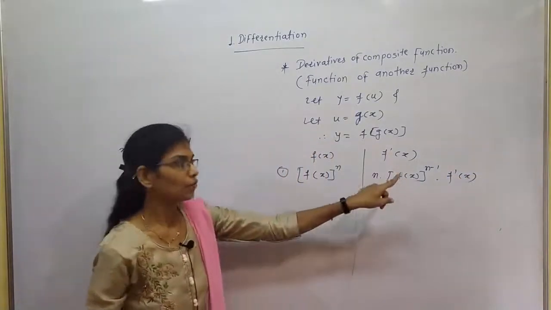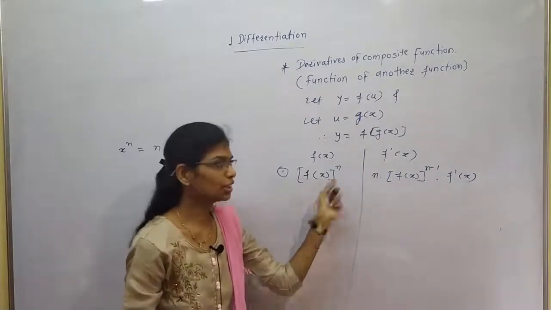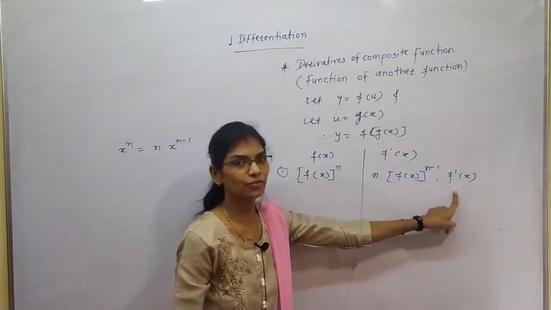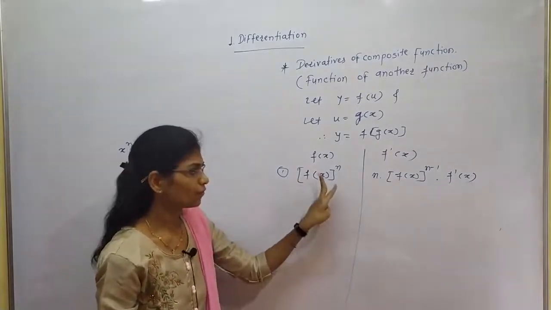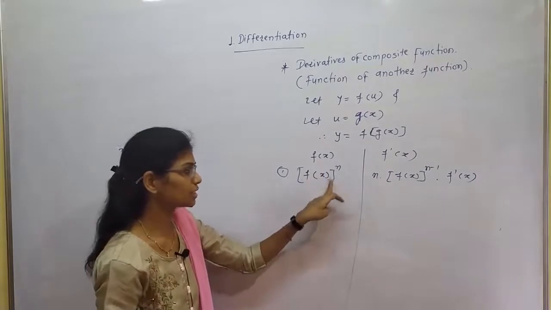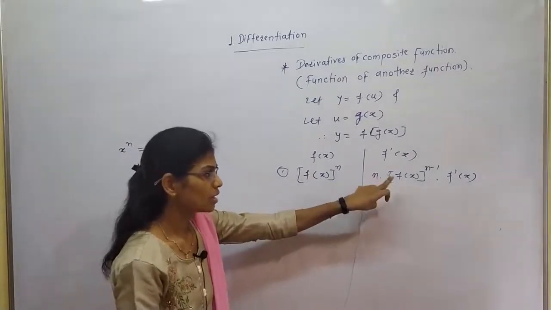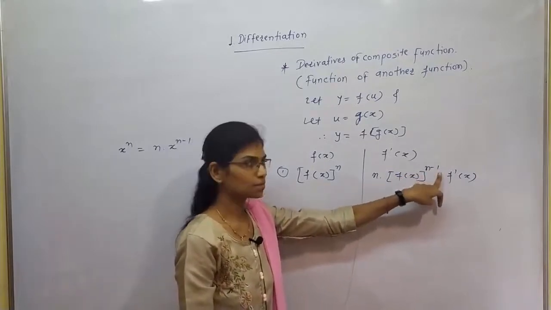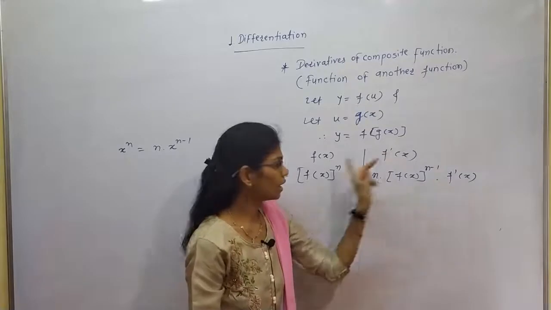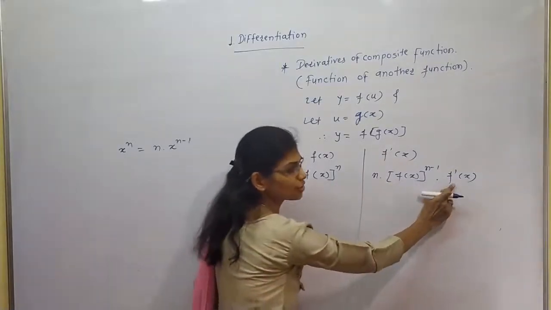Here we have to take the derivative of the main function in multiplication. Therefore, the derivative of f of x raised to the index is that index multiplied by the whole function raised to index less by 1, multiplied by the derivative of that main function, that is f dash of x.